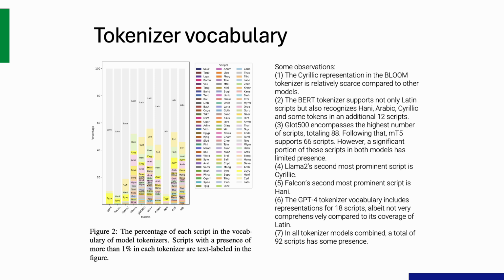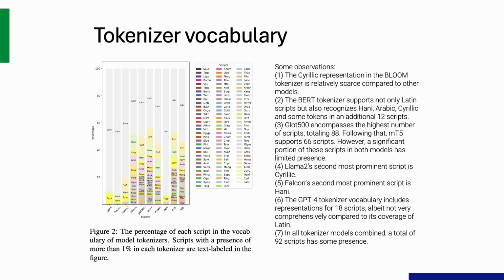So the best way to get an intuition on how multilingual the tokenizer is, or how many different scripts it has, is to apply script identification, which is completely accurate.